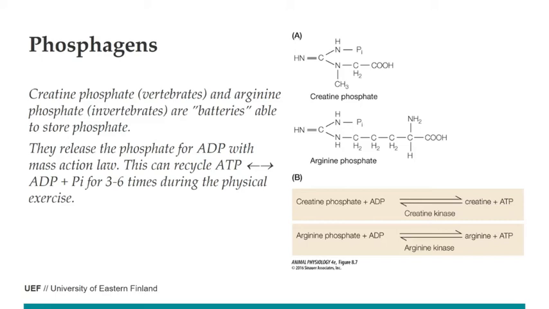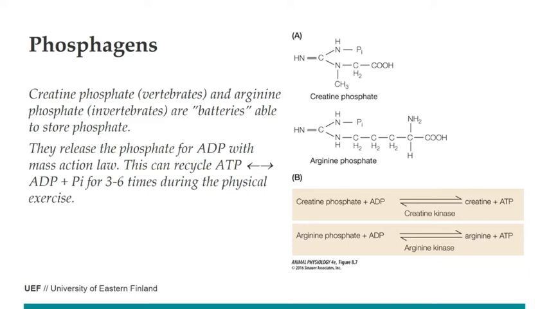And it works on the mass action law. So if there is too much ADP, then the creatine phosphate gives the phosphate to produce ATP. But if there is no ADP at all, then this reaction is not working.